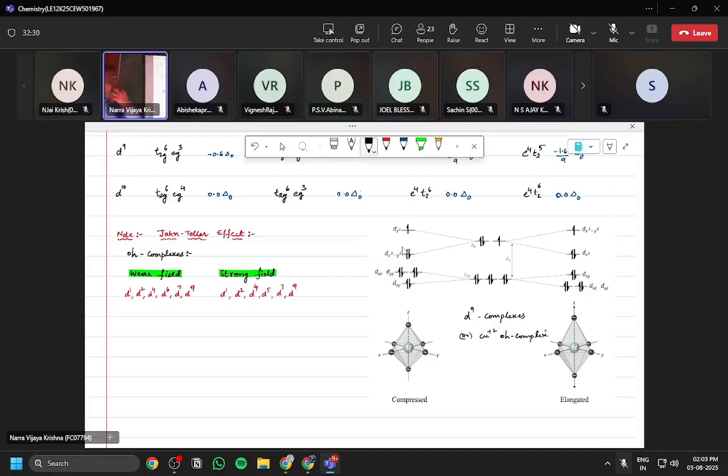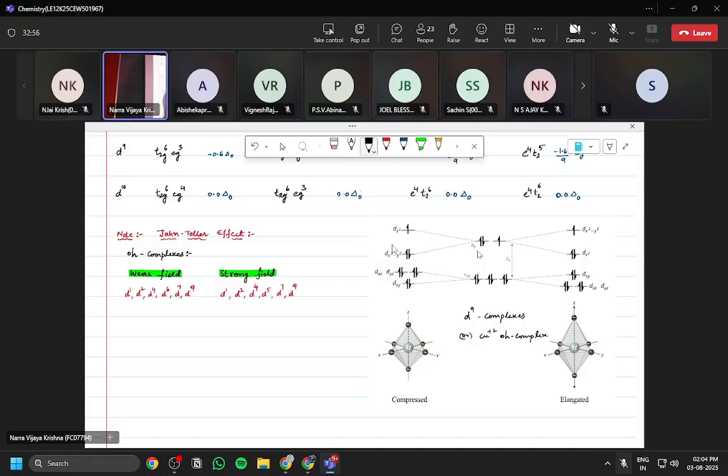Now, whether eg orbital is unsymmetrically distributed. If it is unsymmetrically distributed, its degeneracy is lost again. If the degeneracy is lost, either dx square minus y square may become lower or dz square may become lower.